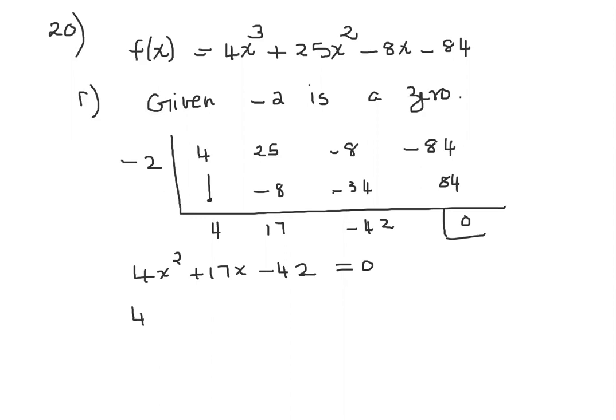So you have to multiply -42 times 4, and you have -168. That is a times c, and you have to get the b, which is 17, the two numbers are 24 and 7.